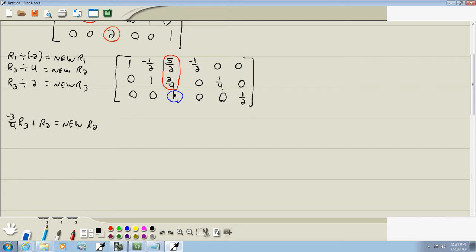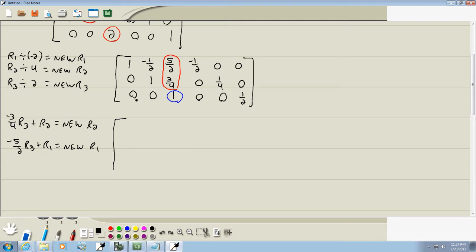Now we're going to take the negative 5/2 times 1 and then add it to the 5/2 to get a 0 here. So we're also going to take negative 5/2 times row 3 and add that to row 1 to give us our new row 1.